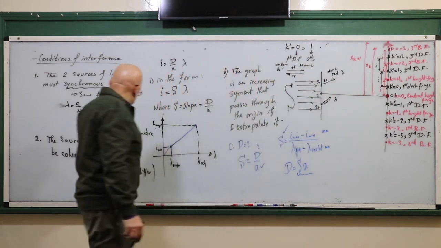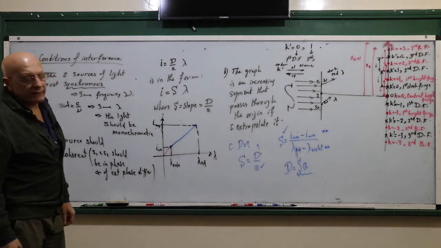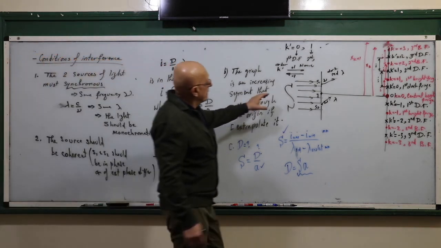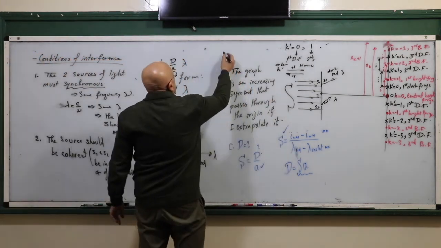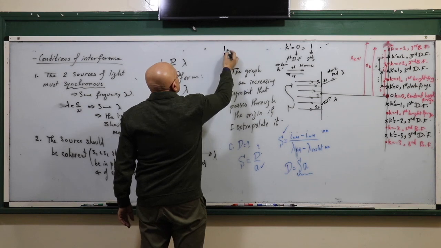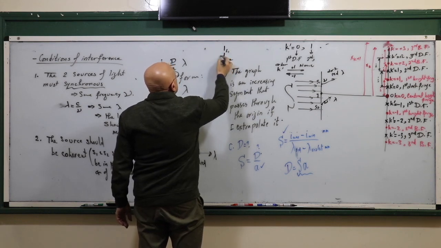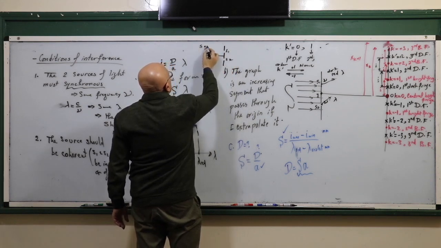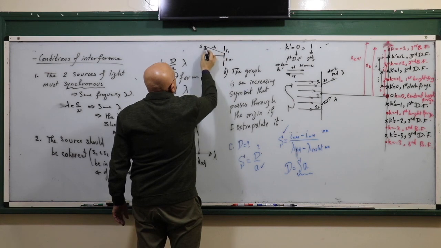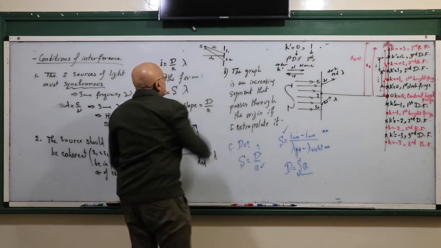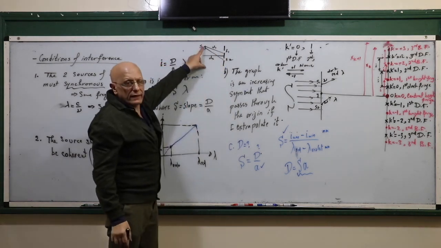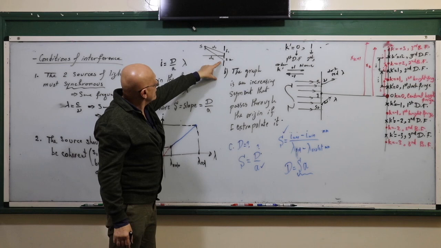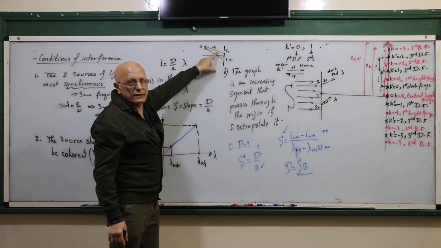Now the phase difference being constant depends. For example, this is S1, this is S2. If this is source S, as you see here, light covers distance D2 more than distance D1.